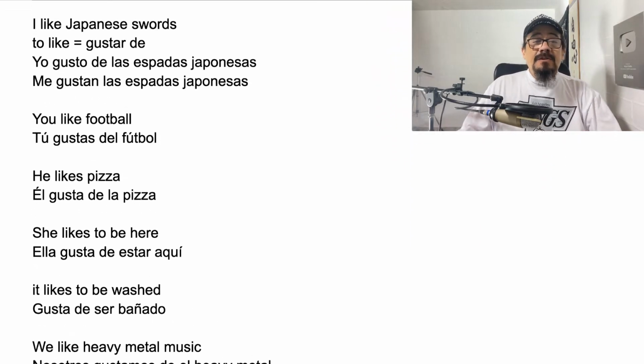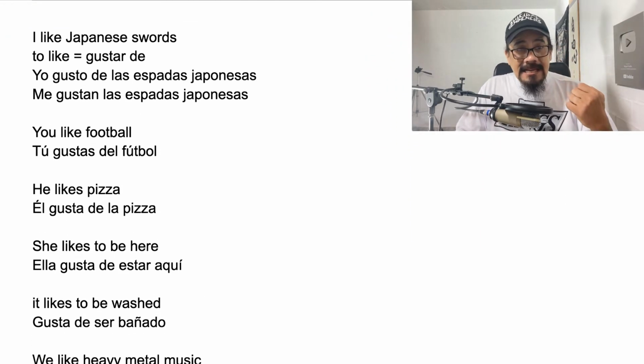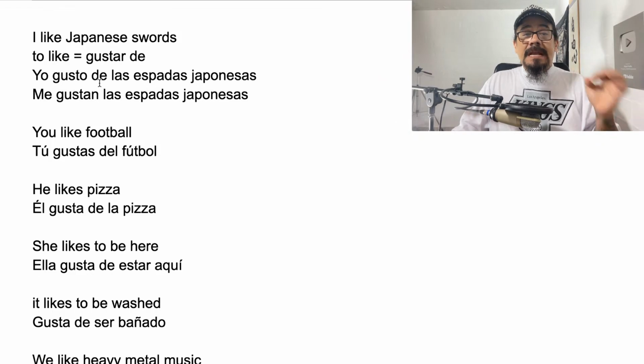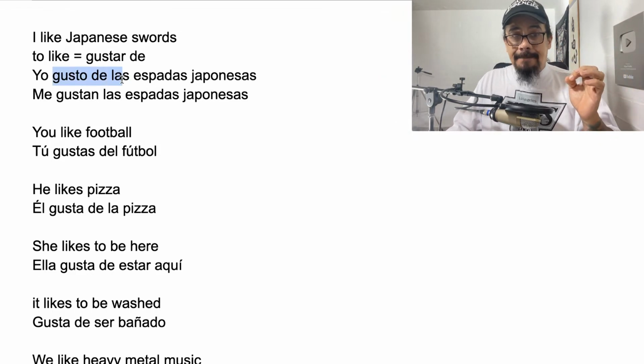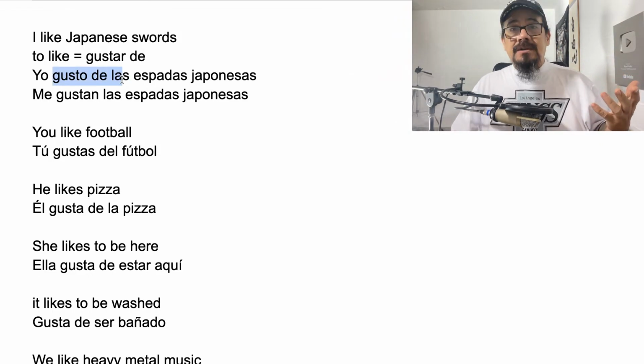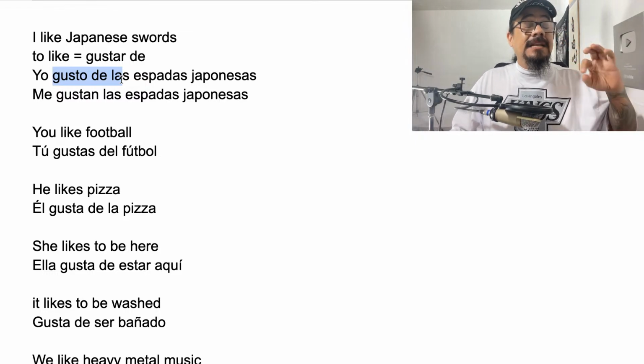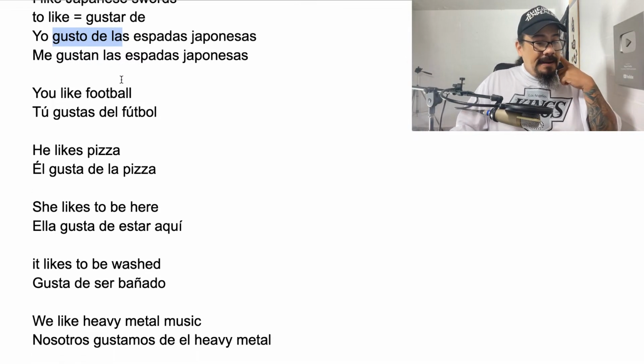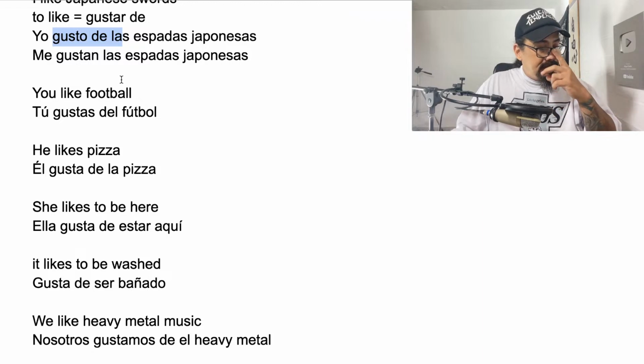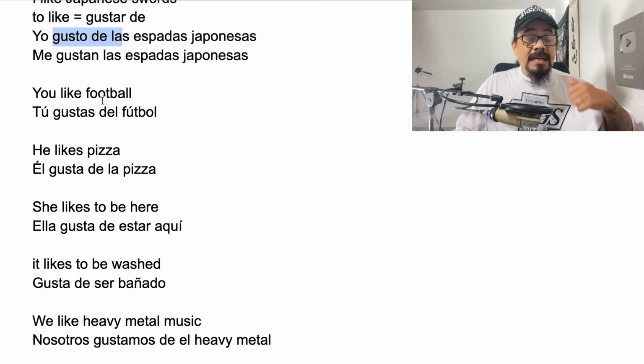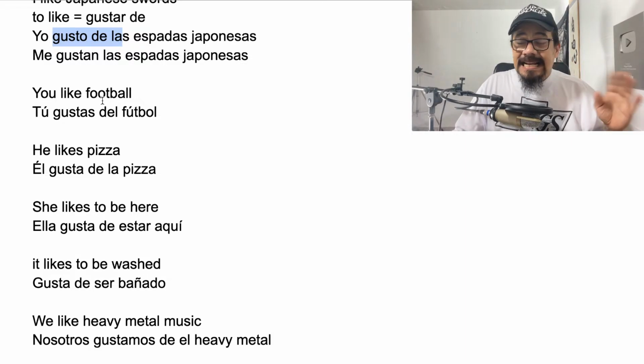So, the verb to like is really translated as gustar de. The thing is that we don't speak like that in Spanish, at least not here in Colombia. Me gustan can be me gustan los perros, male, me gustan las espadas, female. It doesn't matter. Gustan is plural.